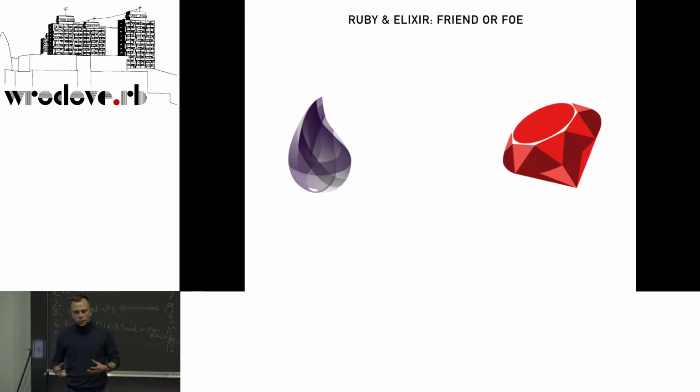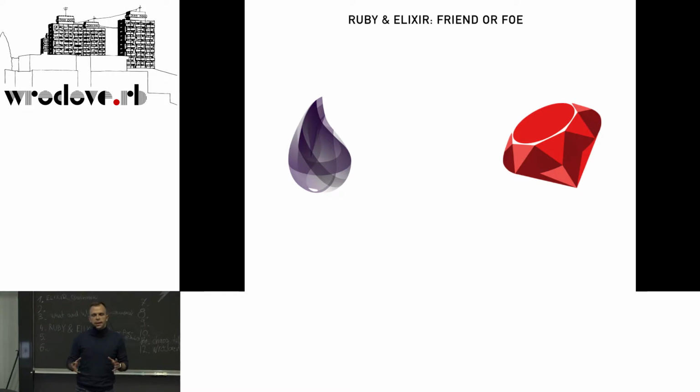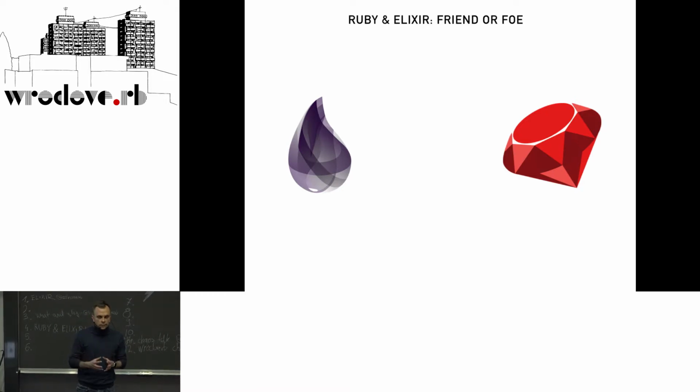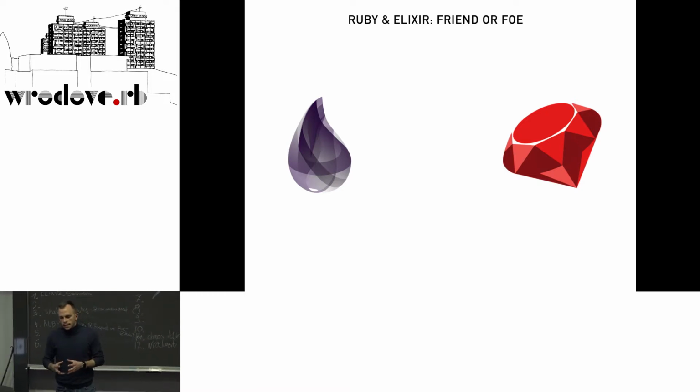Let's assume this kind of situation: you're building an app in Elixir and you want to call some external web service. And Elixir is not that mature, it doesn't have a lot of libraries that wrap those kinds of APIs. And in the Ruby world, if you choose a random API on the web, it is very probable that you will find a gem for that.